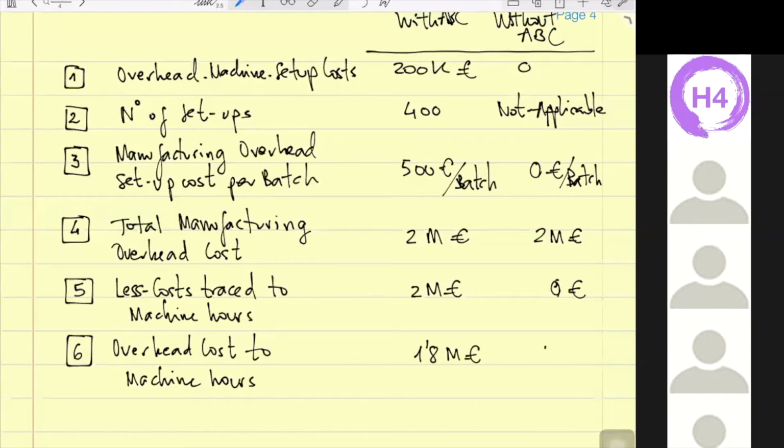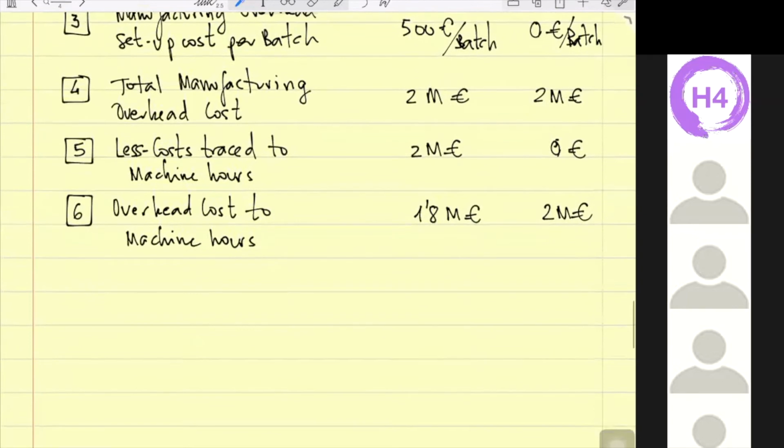Here we still have 2 million euro. Seven, total machine hours, 100,000.